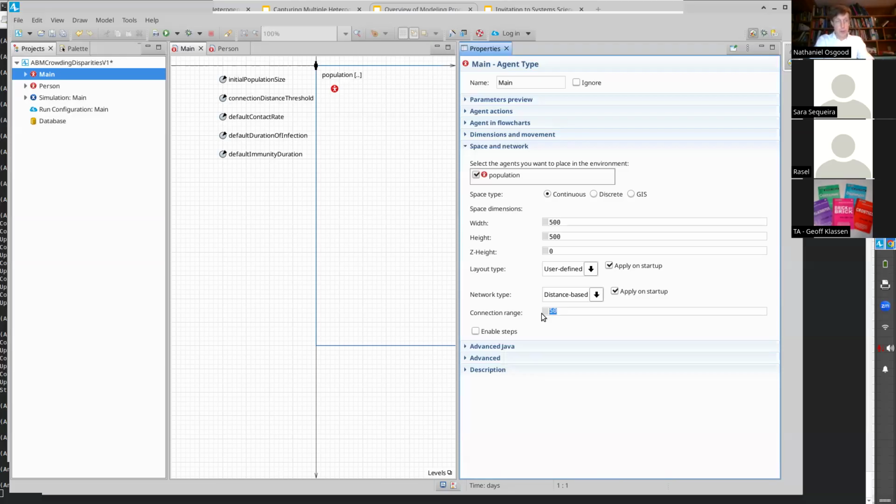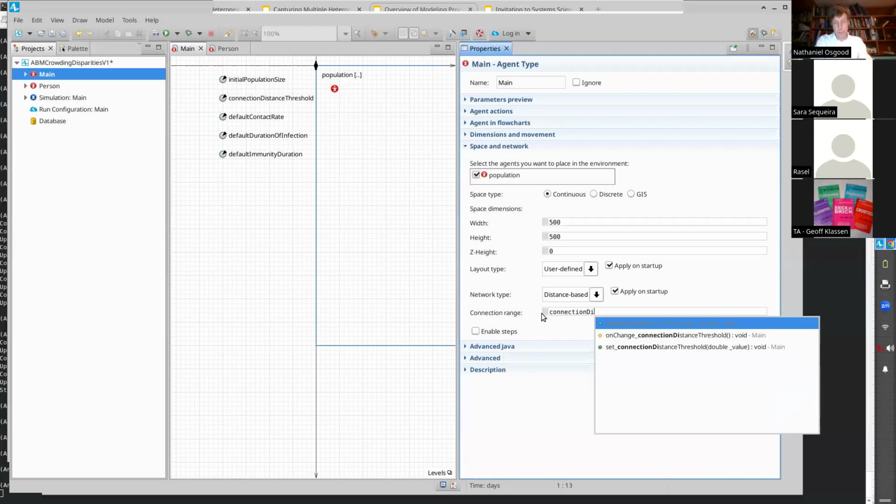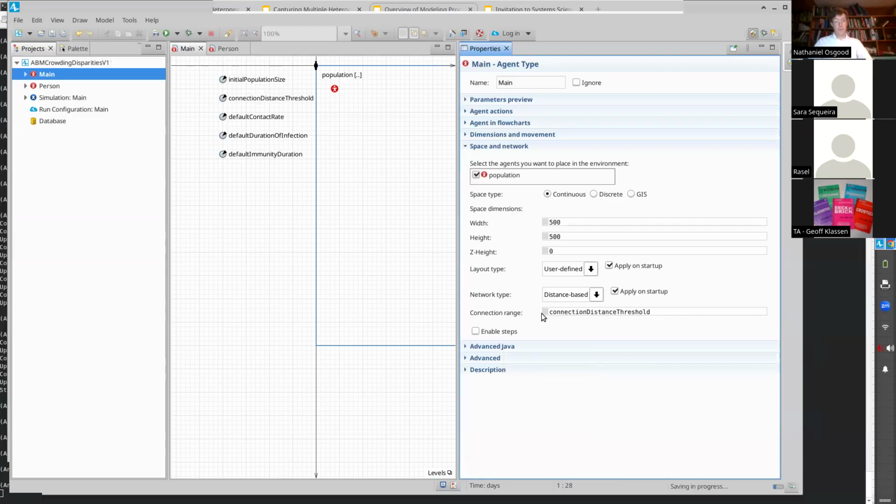So this is the connection distance threshold. Okay, so that's step one for adding the network. We're going to impose a distance-based network, and they're going to be connected if they lie within this distance.